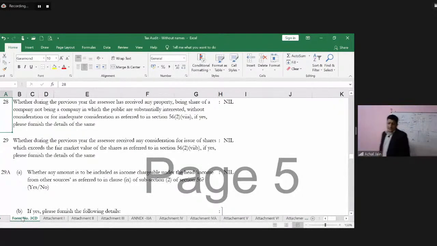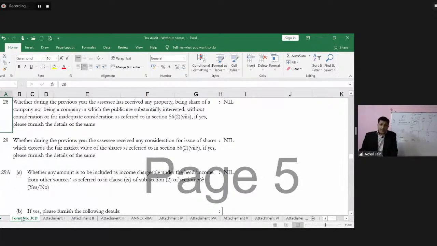Whether during the previous year assessee has received any property being share of a company, not being a company in which public are substantially interested, without consideration. So that means assessee has received any property, and that property is what? Share of a company, excluding the company in which public is substantially interested.